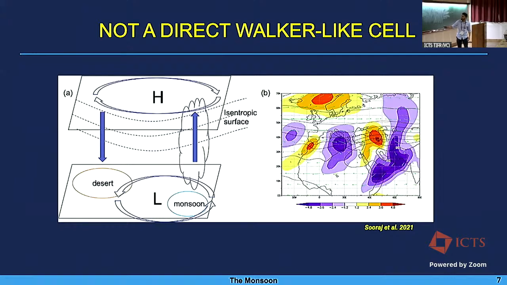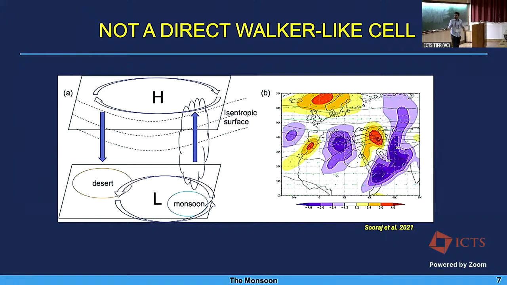We can see downdrafts or subsidence here, especially over East Asia, and immediately to the west of the monsoon regions. The air mass in this subsidence is coming from mid latitudes and not from the monsoon regions. So this is not a Walker cell, but it's coming from somewhere else. Nevertheless, monsoons induce subsidence to their west side.